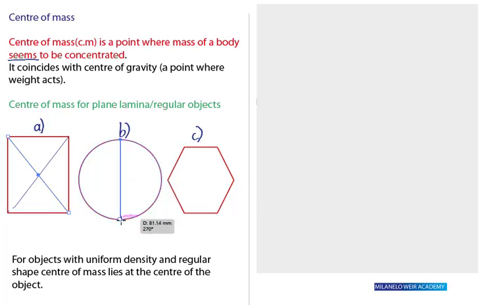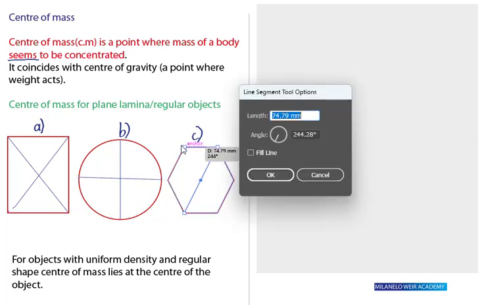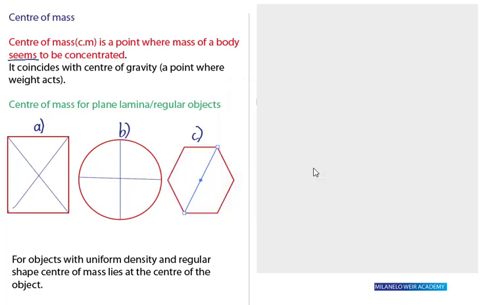This is a diameter, and then from this point all the way up to here. Then for C, from this corner through to this corner, and then from here, I can even do it this way, still okay. So here are my lines.